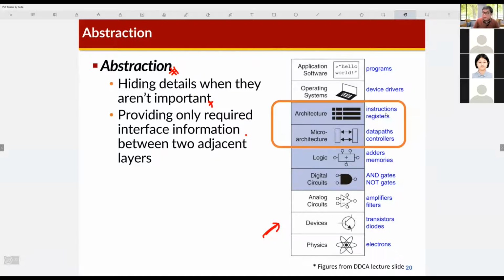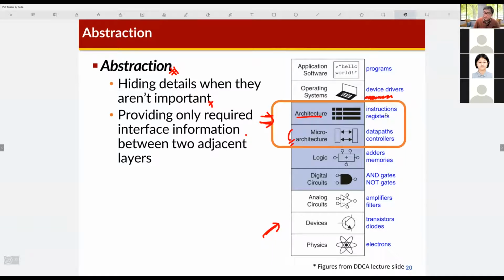For example, as a computer architect, like me, I just focus on these layers, architecture and microarchitecture, and also some aspects of operating systems or drivers, like here. So we just focus on the architecture and microarchitecture of the computer system.